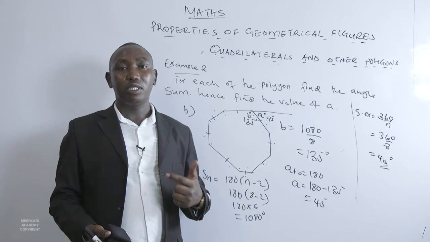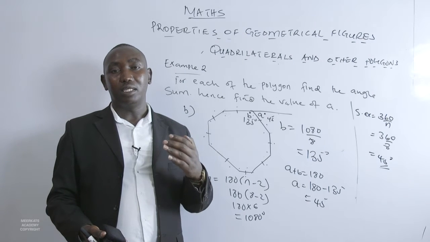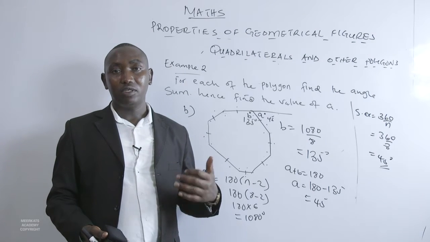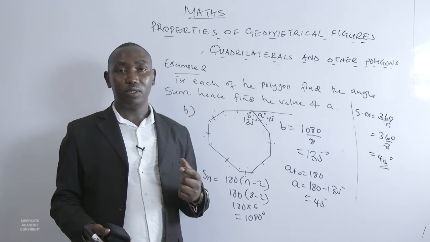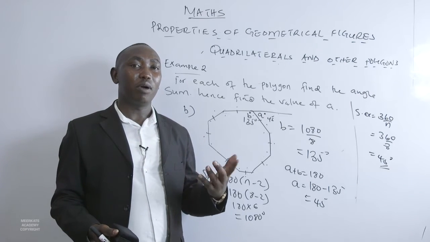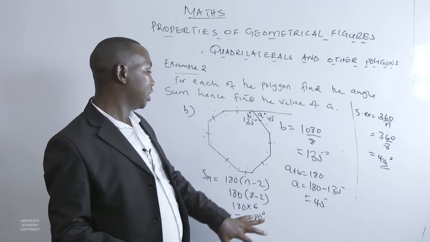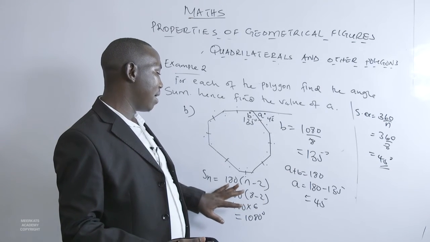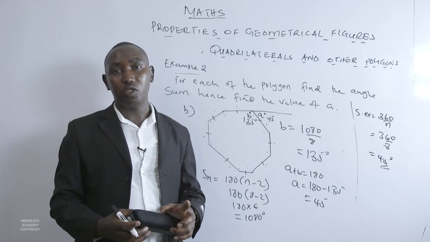We have also talked about the size of exterior angles and interior angles. The sum of the exterior angles of any polygon is equal to 360 degrees. The sum of interior angles of a polygon depends on the number of sides, and we said you can use the formula: sum of interior angles is equal to 180 into n minus 2.